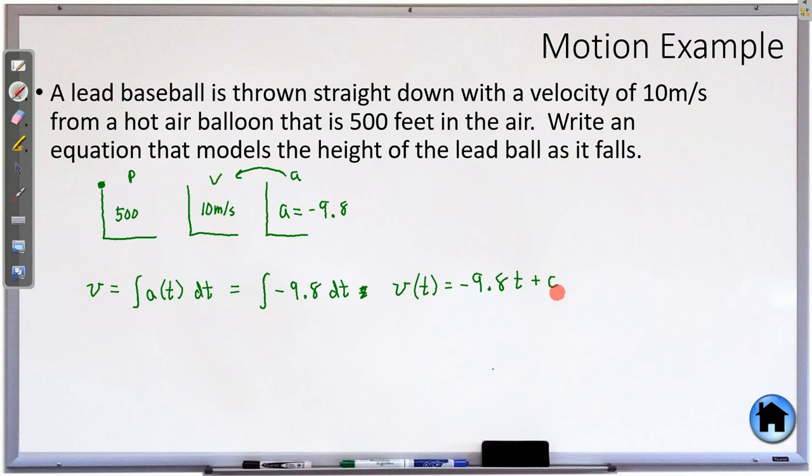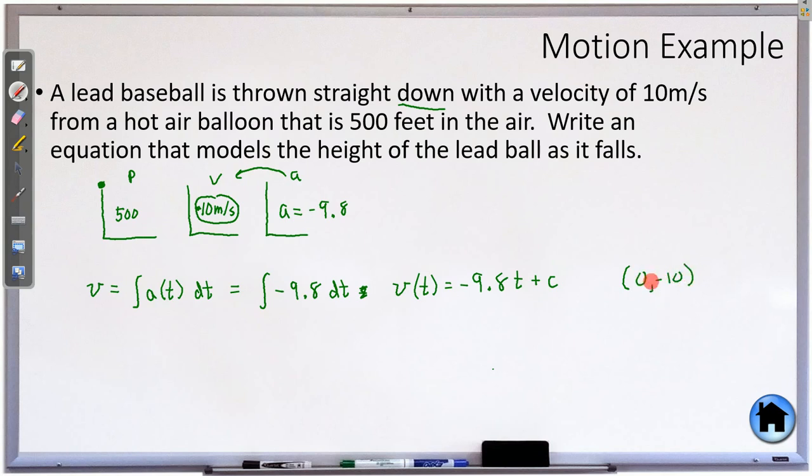Well, to get rid of plus c, I have to plug in what I know. I know that the velocity starts at 10 meters per second. I guess to make sure we have our units right, we are throwing it down, so hopefully it makes sense that that should be negative. It's going down. And so that gives us the point 0, negative 10.